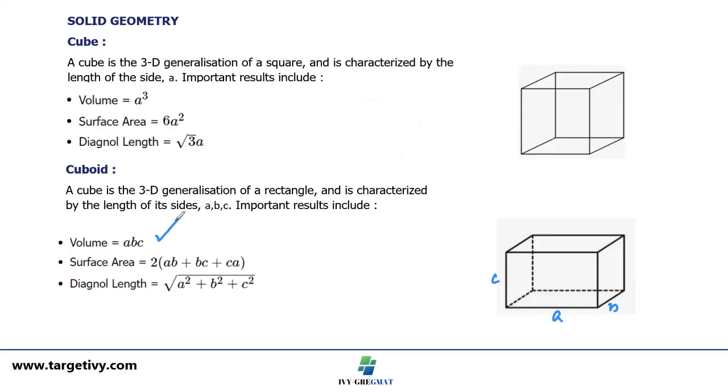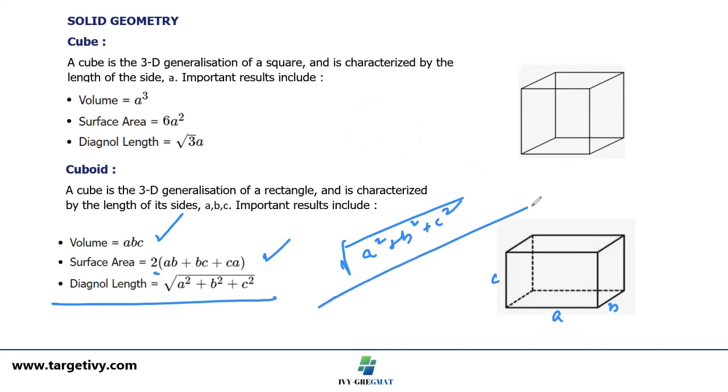So the volume becomes A, B, and C. The surface area is twice of AB, BC, and CA. The length of the diagonal is root over A square plus B square plus C square. Clear? So these are the formulas you need to remember. That's it. I think that will serve our purpose.